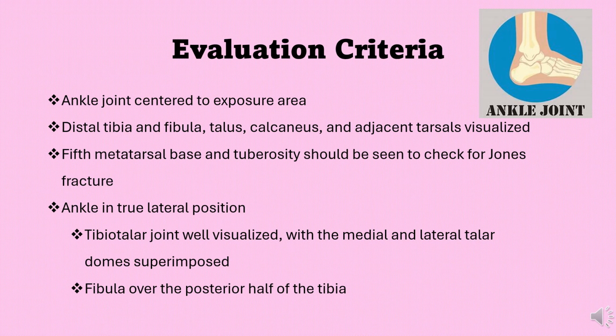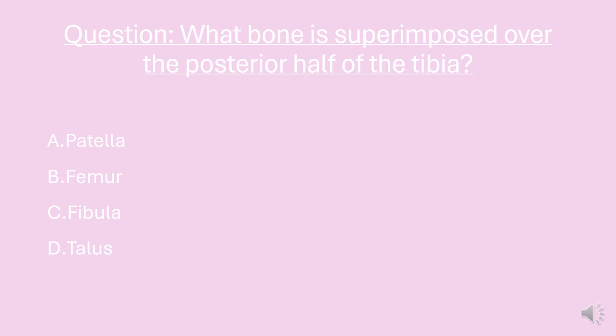The evaluation criteria for the lateral ankle is the distal tibia and fibula, talus, calcaneus, and adjacent tarsals are visualized, and the fifth metatarsal base and tuberosity should be seen to check for a Jones fracture, and the ankle is going to be in true lateral position. Another question I have is, what bone is superimposed over the posterior half of the tibia? A, patella, B, femur, C, fibula, and D, talus.